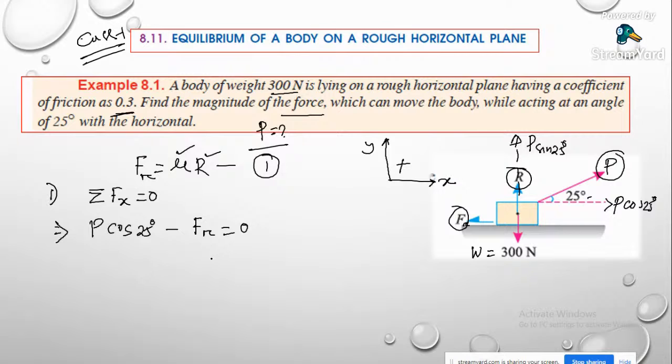No other forces are there. So I can write P cos 25 degrees minus FR equal to 0, where FR is equal to mu into N, mu into the normal reaction R. This is equation 2, you write it.